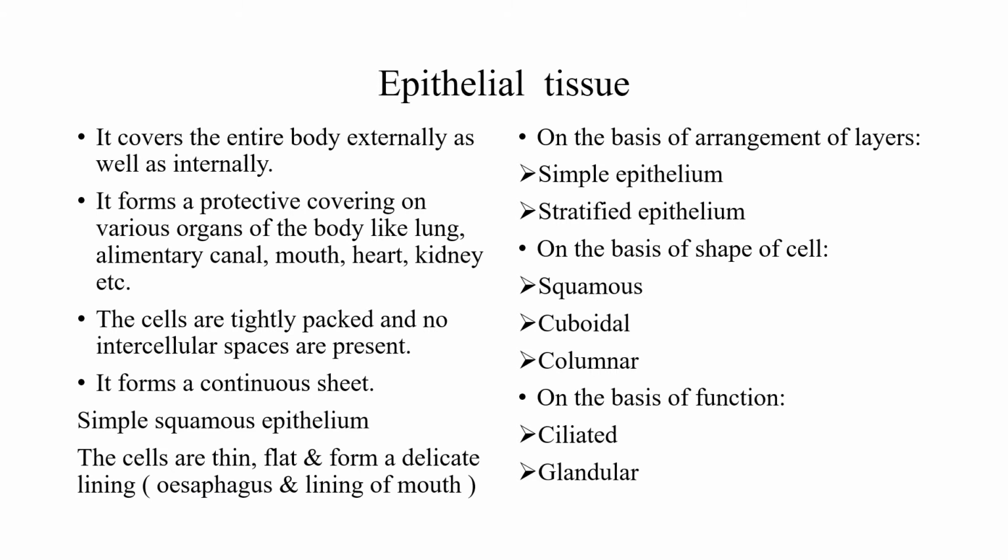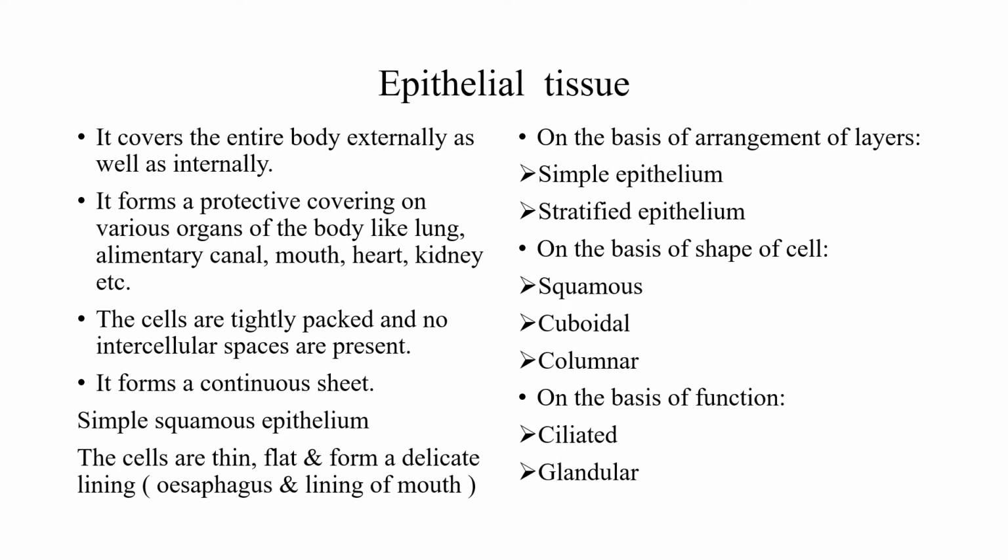It covers the entire body externally as well as internally. It forms a protective covering on various organs of the body like lungs, alimentary canal, mouth, heart, kidney, etc. The cells are tightly packed with no intercellular space because of cementing substance. It forms a continuous sheet.